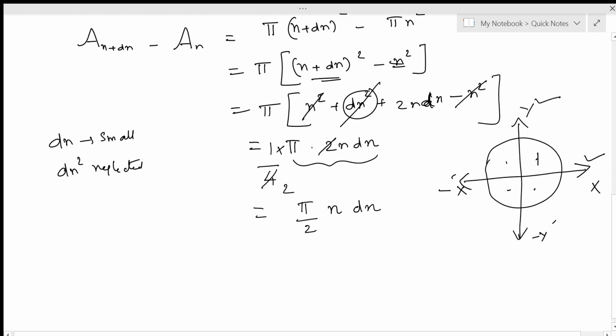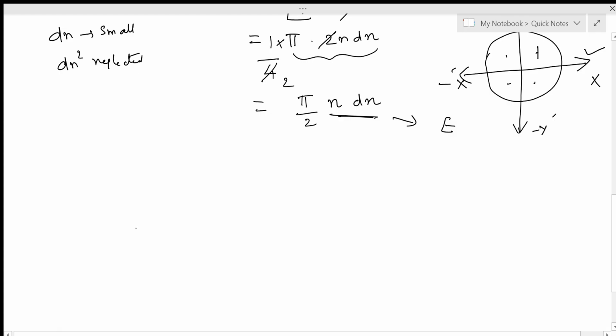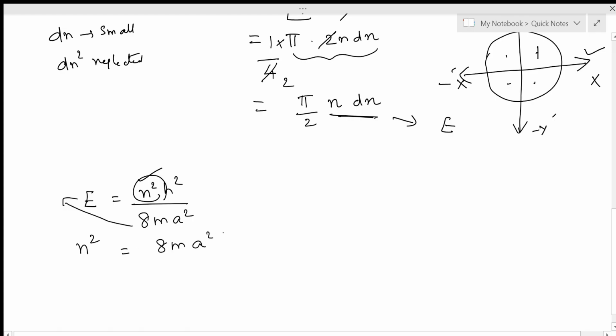So, now n, as per this explanation, is the radius, a quantum number. We need to find the expression for n dn in terms of energy, because the topic is about density of energy states. The energy of the particle is n square h square by 8m a square. So here we have n square. Therefore, n square is taken on one side and the remaining values are rearranged as 8m a square E divided by h square.